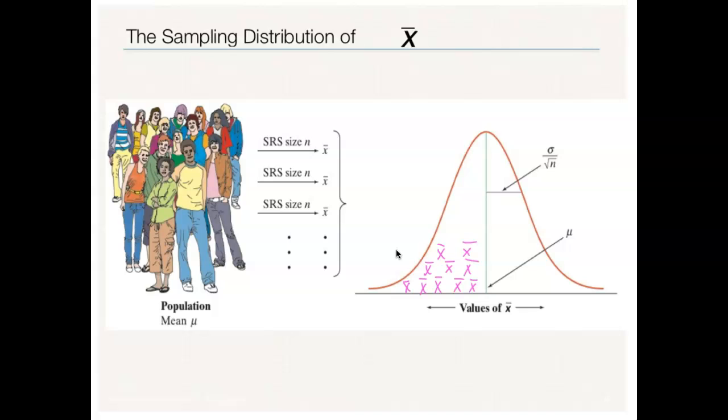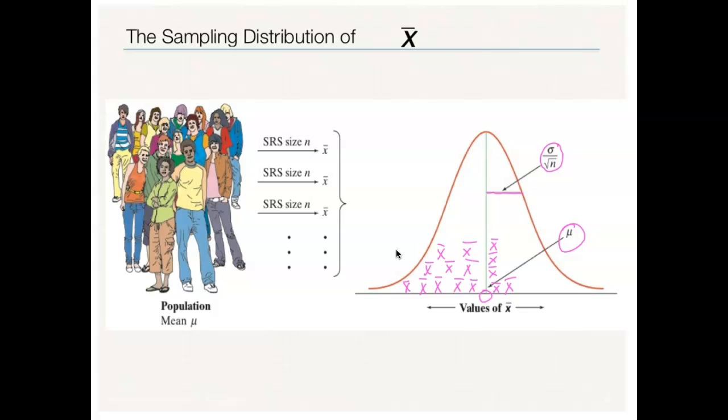The standard deviation of the sampling distribution will be the population standard deviation divided by the square root of your sample size, meaning it will get smaller with a larger sample size, which hopefully is intuitive, because if you take a larger sample, you're going to expect that the sample mean is going to give you better information about the population mean. So each sample mean would be closer to the population mean, which would cause your distribution to contract around the population mean, right? It shrinks in as you increase the sample size.